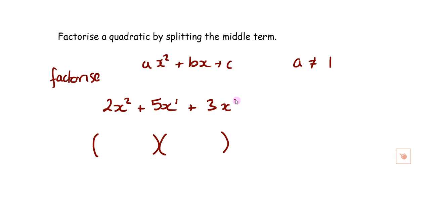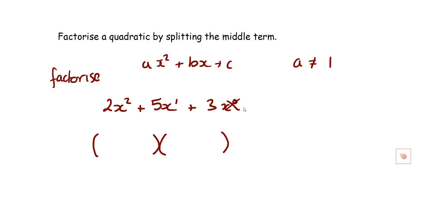So x to the power of 0 means 3 times 1, which is just 3, so we don't write it. So the amount of brackets needed is the exponent of the highest degree minus one. If I've got an x to the power of 5, as long as I have x to the power of 4, 3, 2, all of them, then I will need 1 less.